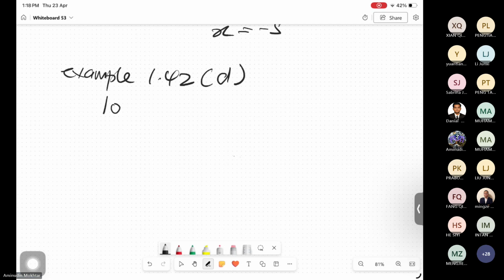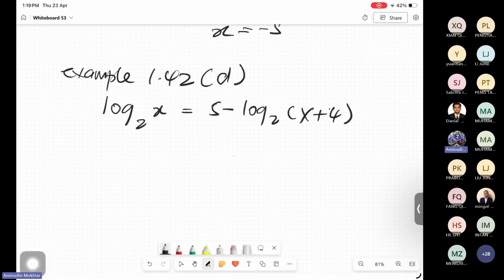The question is: given log 2x equal to 5 minus log 2 (x plus 4). That's the question. So find x. What is x?